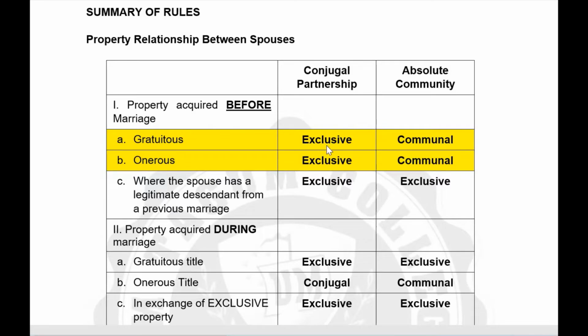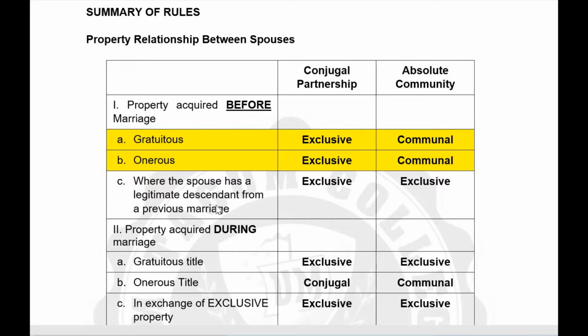So, the rule is the same: exclusive for conjugal partnership and communal for absolute community. Okay? But the exemption from earlier is where the spouse has legitimate descendants from a previous marriage.